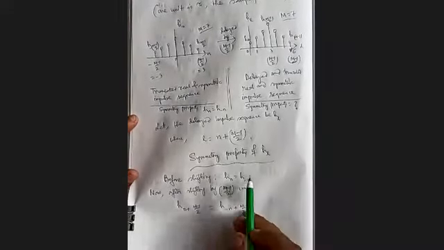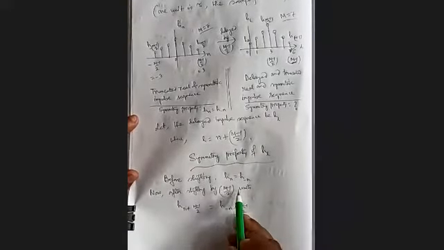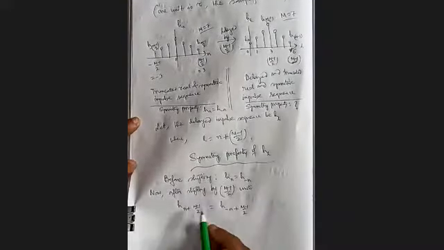What will it be? It will be h(n plus (m minus 1) by 2) equals h(minus n plus (m minus 1) by 2). So we are introducing an equal amount of shift. Before shifting, that is the symmetry. After shifting by (m minus 1) by 2 delay units, we are adding (m minus 1) by 2 in both the cases. That is this.